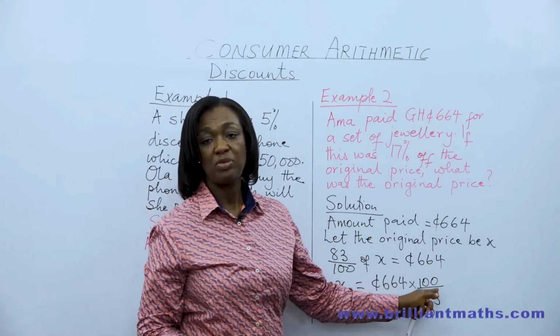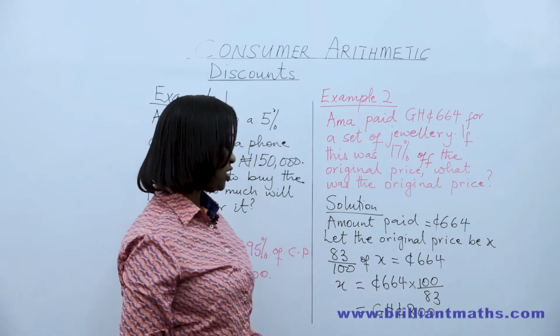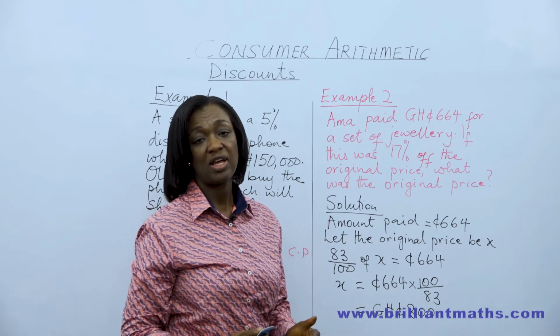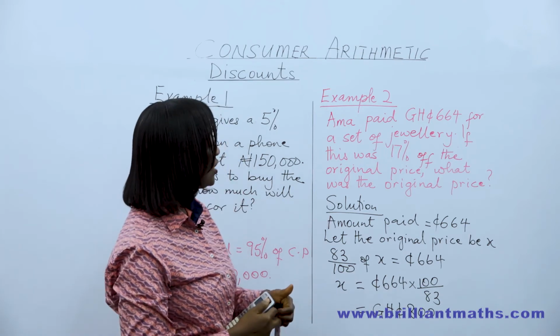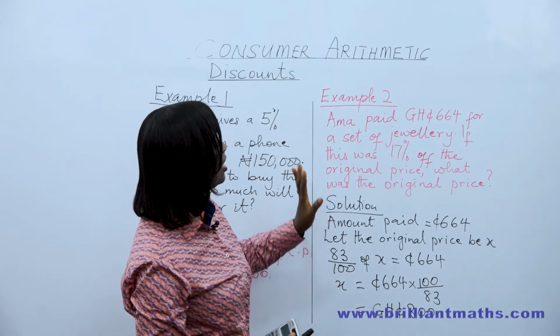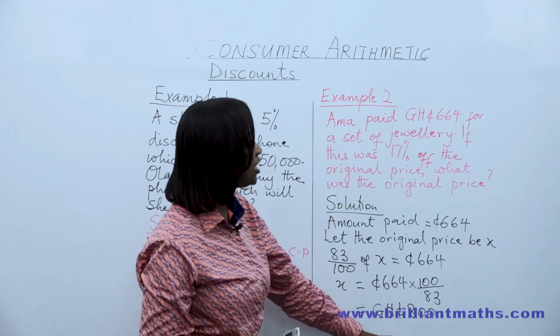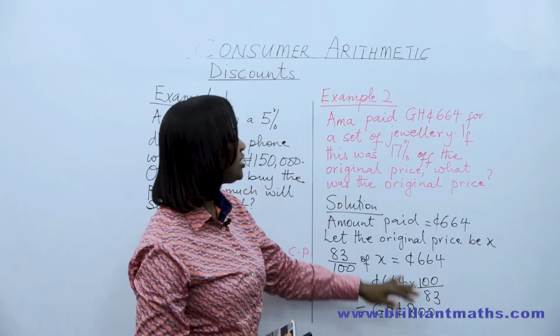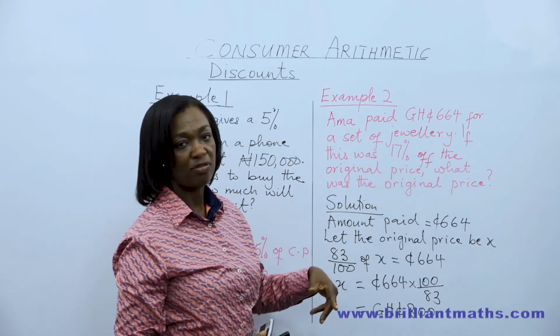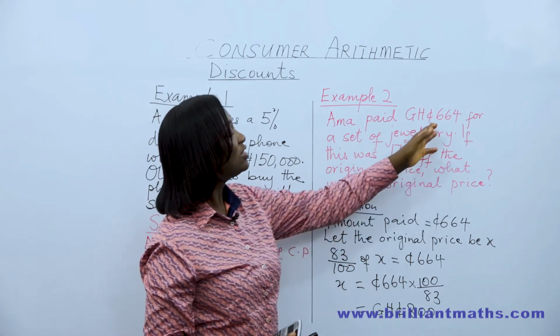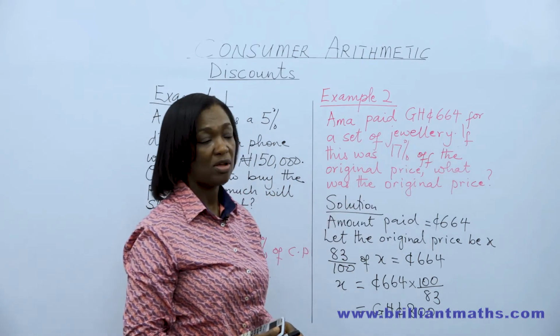Always remember to reciprocate your percentage if it's crossing over to the other side of the equation. So that means that originally the jewelry costs 800 cedis. But because 17% has been taken off, Amma paid 664 Ghana cedis for it.